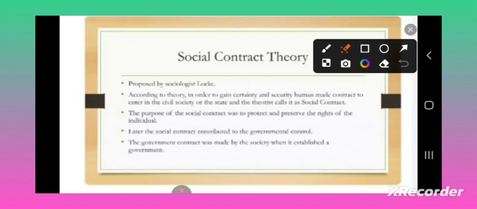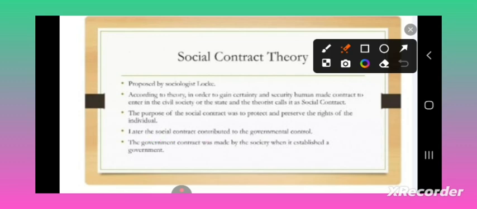Purpose of contract: the agreement was established to protect and preserve the rights of the individual. Sovereignty: the social contract assigned sovereignty, supreme power, to the governmental control or to the general will of the people, depending on the theorist.